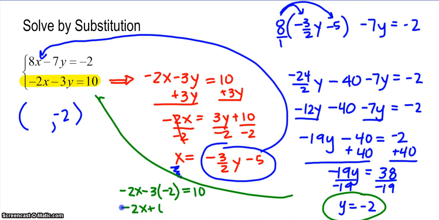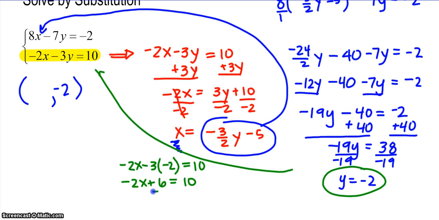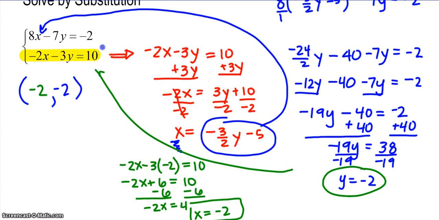Negative 2x plus 6 equals 10. Subtract 6 from both sides. Negative 2x equals 4. Therefore, x equals negative 2 by the division property. So our solution is (negative 2, negative 2).